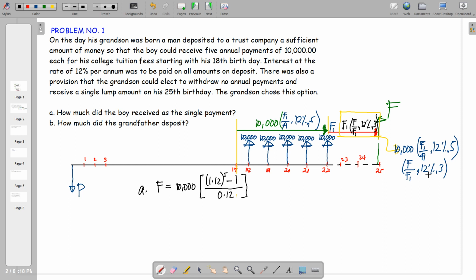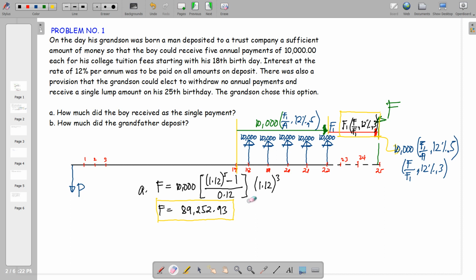Then this notation is a compound interest notation equivalent to 1.12 raised to 3. If we compute that, we have 89,252.93. So this is the amount the boy received as single payment on his 25th birthday.